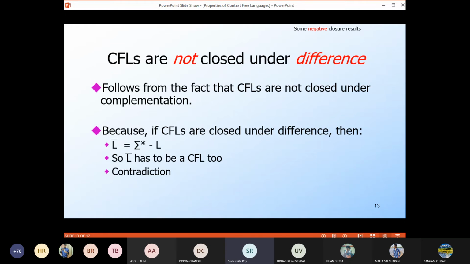Since L2 complement is also regular, L1 intersection L2 complement produces a context-free language. Actually, it is possible to prove it, but let's not waste time on this. Just keep in mind that if the second one is regular, then the difference is a context-free language.